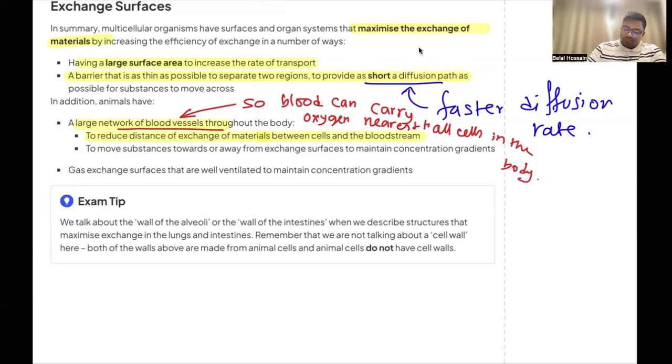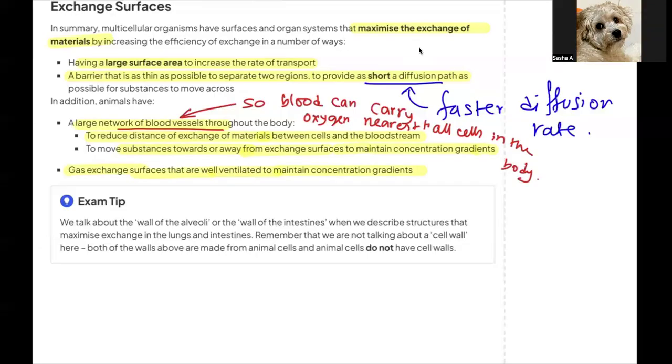Okay. To move substances towards or away from the exchange surface to maintain the concentration gradient. Gas exchange surfaces that are well ventilated maintain concentration gradients. Did you get the point?